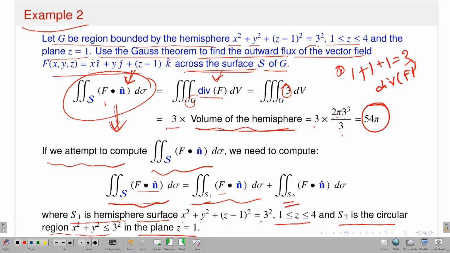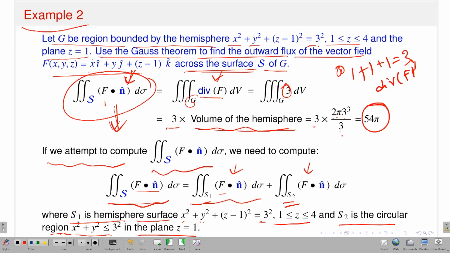S1 is the hemisphere surface x square plus y square plus (z minus 1) square is equal to 3 square, where z runs from 1 to 4, whereas S2 is the circular region x square plus y square less than or equal to 3 square in the plane z is equal to 1. You have to perform these two integrals separately, and if I add them, it will give you this surface integral.